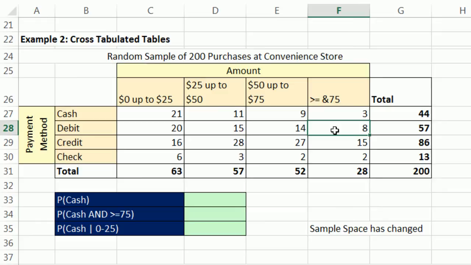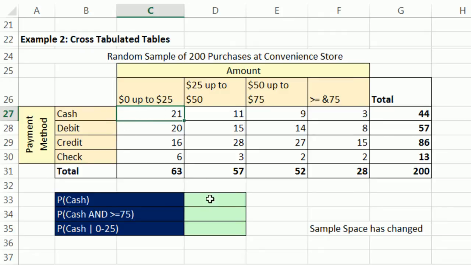If I click right here, that means 8 people out of 200 used a debit card and paid greater than 75 bucks. Right here, 21 out of the 200 records in our original data set, the person used cash and spent between $0 to $25.